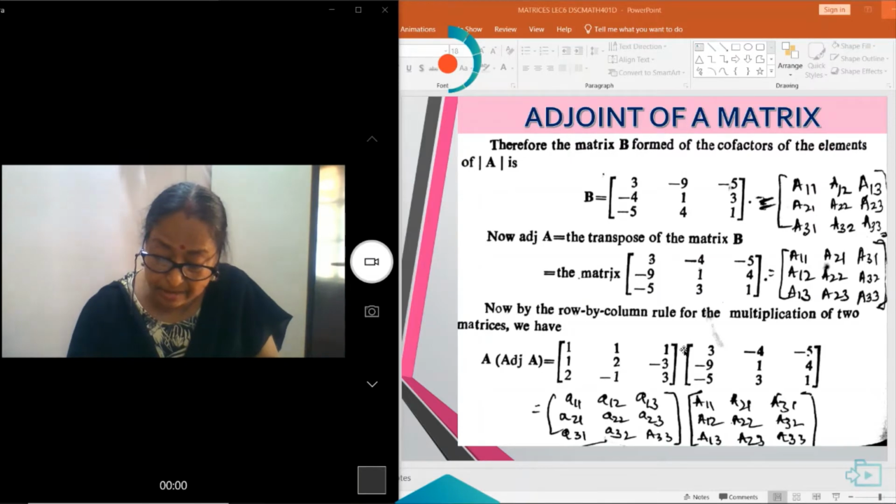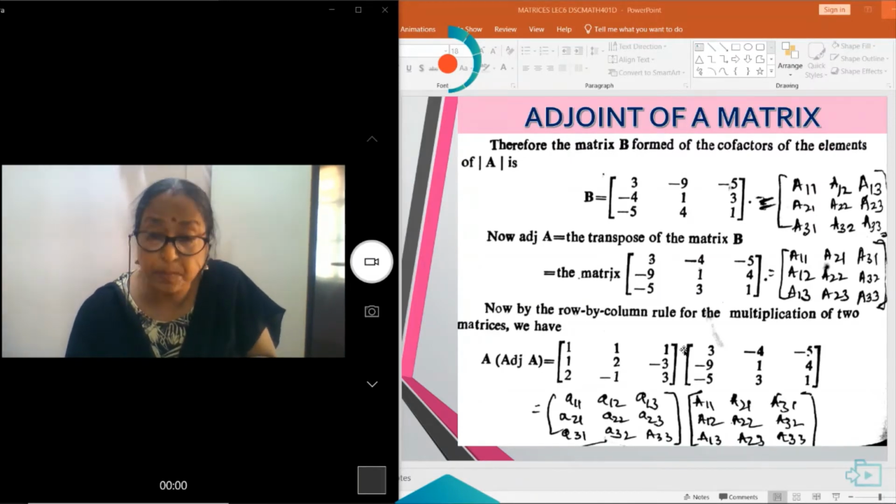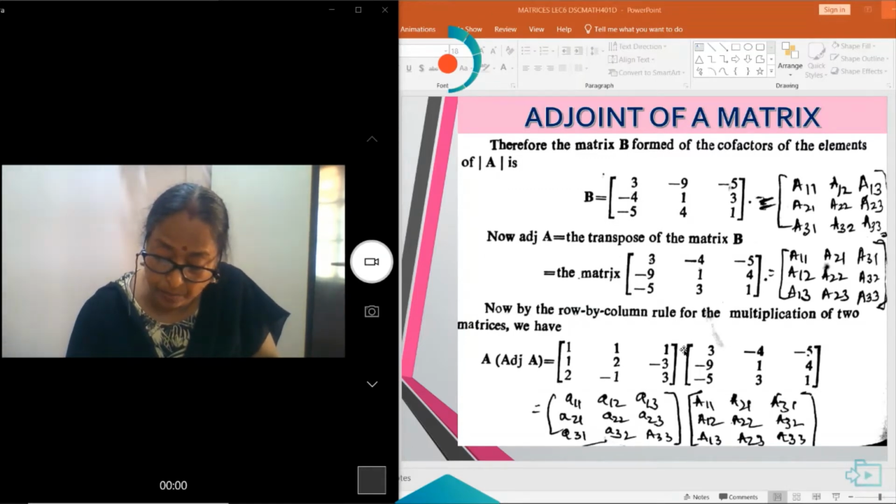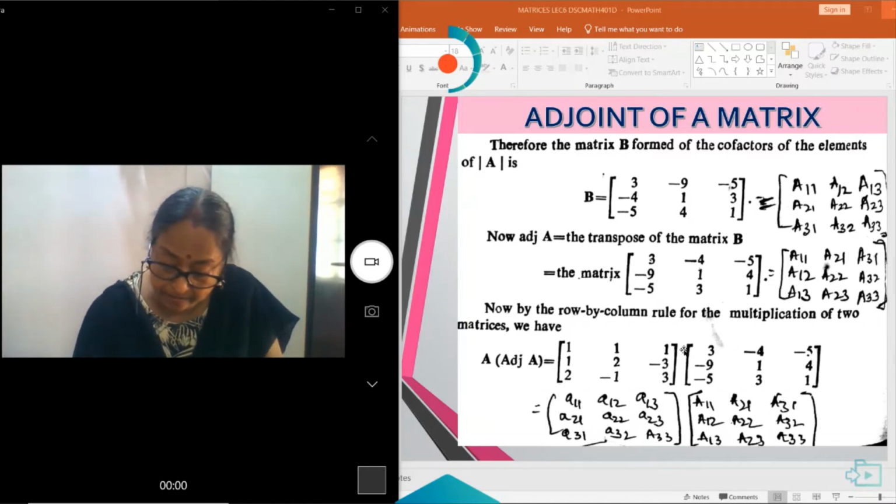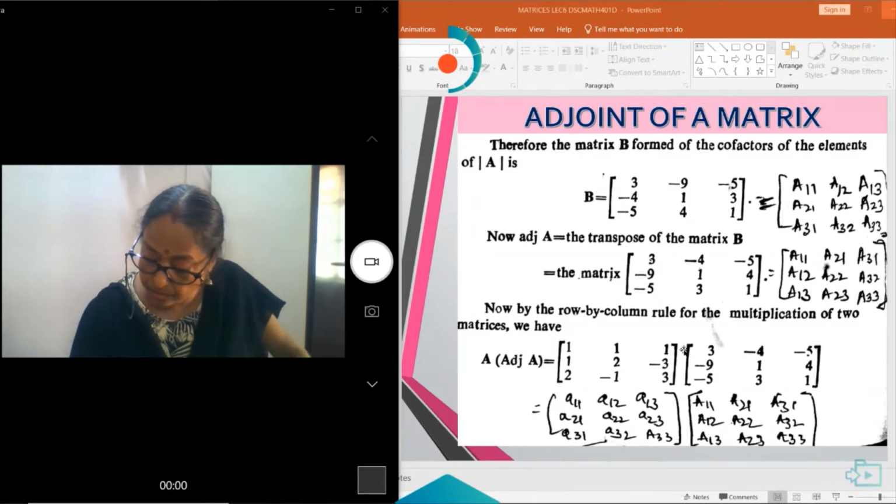That is the matrix obtained by transposing B. That is B' is equal to 3, -9, -5 in the first column, and then 4, -4, 1 in the second column, and in such a way. That is A11 becomes A11, A12, A13, and so on.